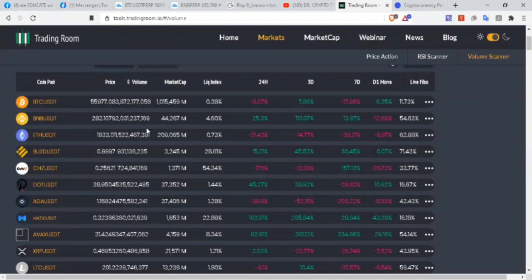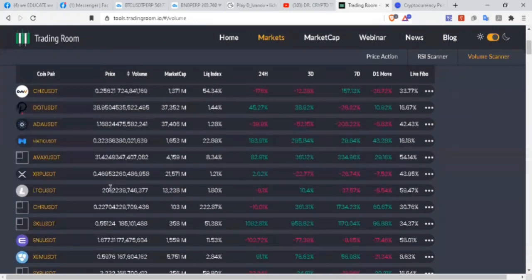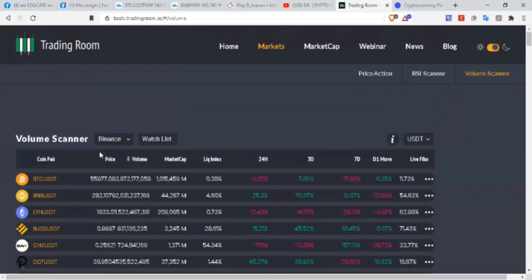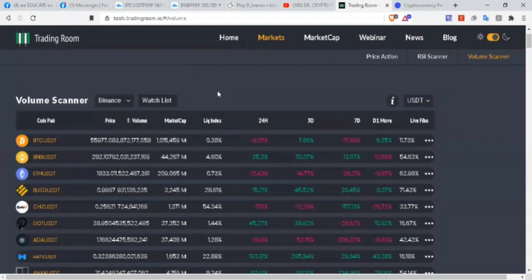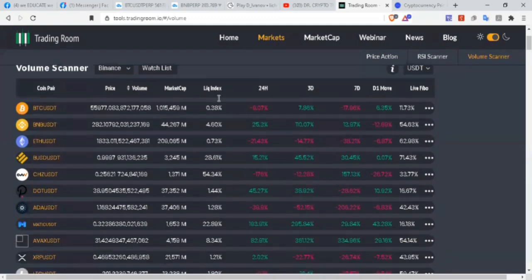Okay, the highest volume was BTC, BNB, Ethereum, BUSD, the CHZ, the DOT, the ADA, the MATIC, and etc. Right? Okay, we will select the top 20. That's our target, top 20 coins of the highest volume.